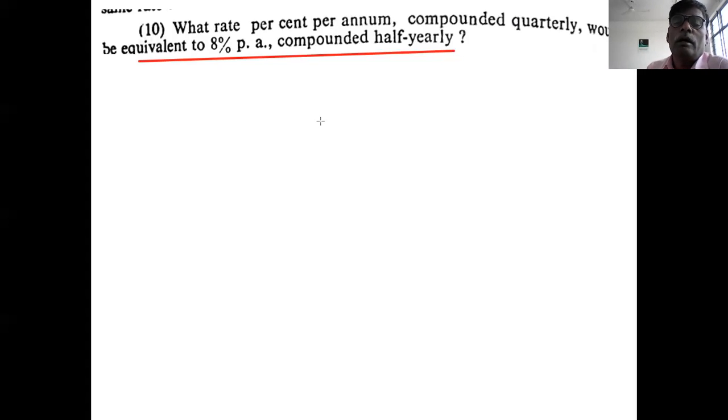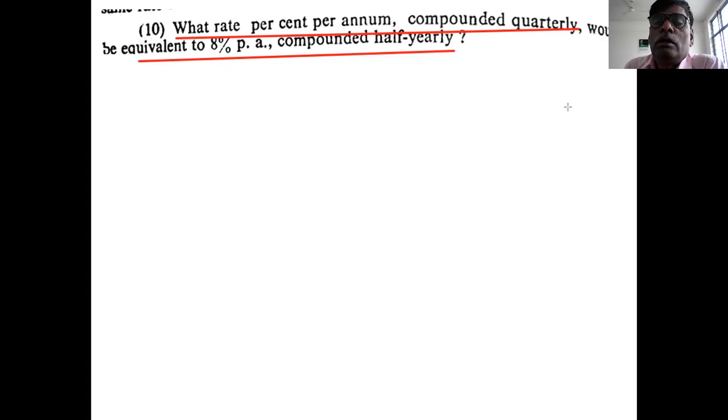Whatever amount you calculate, this amount must be equal at a certain rate of interest per annum compounded quarterly. So in this case you have to calculate interest twice.